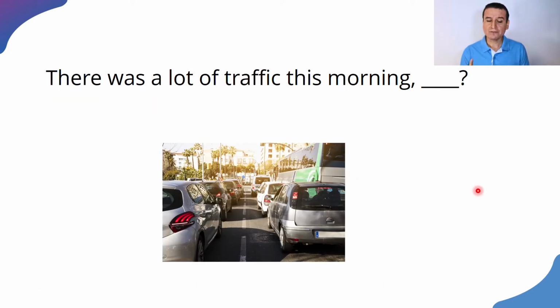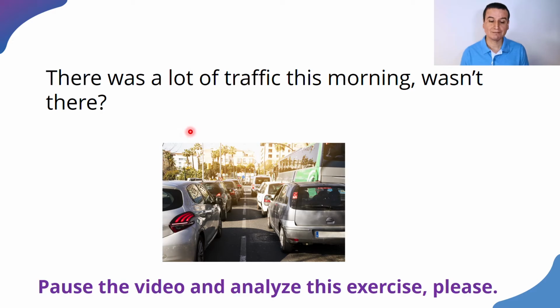There was not a lot of traffic this morning. There was a lot of traffic this morning, wasn't there? There is the subject. That's what we have to ask the question to. Was is the auxiliary, and affirmation, negation. All right?